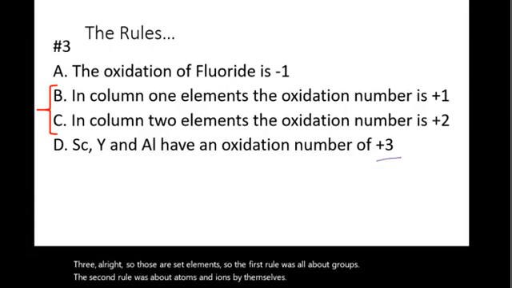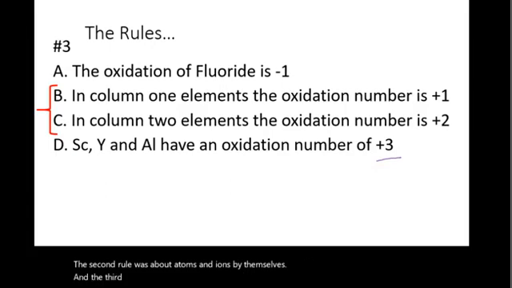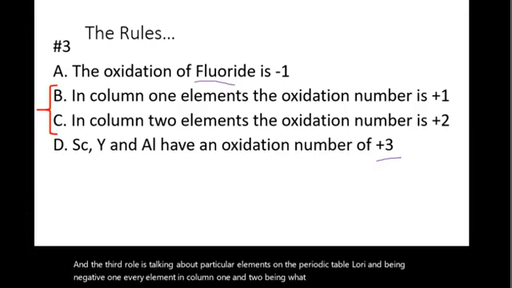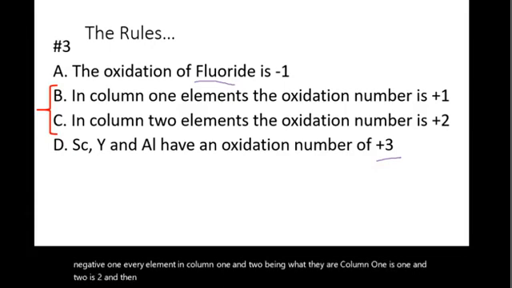And the third rule is talking about particular elements on the periodic table. Fluorine being -1, every element in column 1 and 2 being what they are. Column 1 is 1 and 2 is 2. And then this list of SC, AL, and Y having an oxidation number of +3.